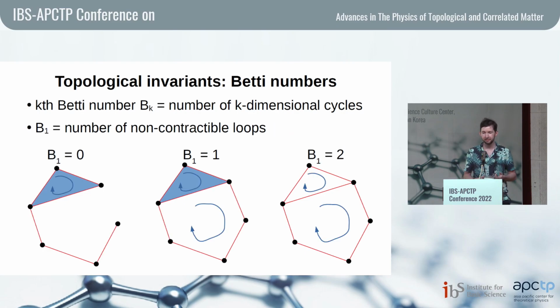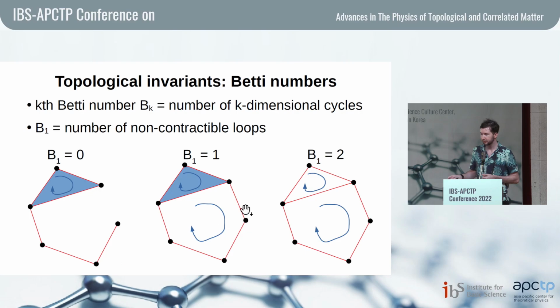Likewise, the first Betti number is counting the number of non-contractible one-dimensional cycles. So what I mean by non-contractible here is that if we have a cycle which encloses a face, then this cycle can be contracted to a point and removed. That's why in this case the first Betti number is 0.